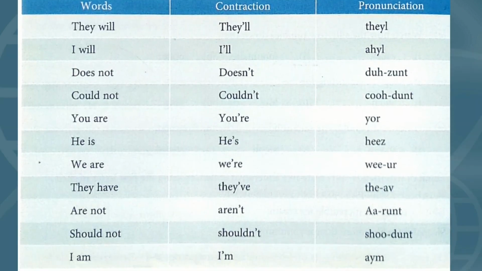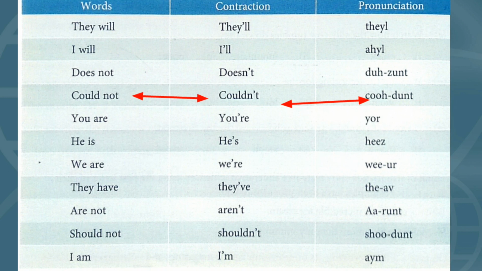Now look at page number 76. In that you have a tabular column for words, their contractions and their pronunciation. Let me tell it very quickly. The first word, they will: the contraction is they'll, pronunciation they'll. Next, I will: contraction I'll. Does not: doesn't. Could not: couldn't.